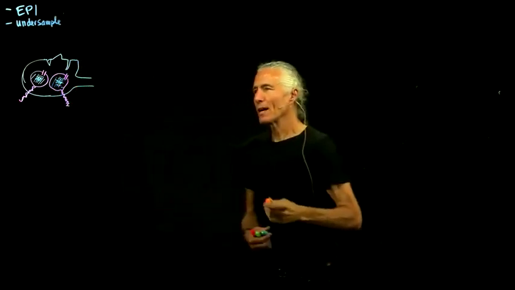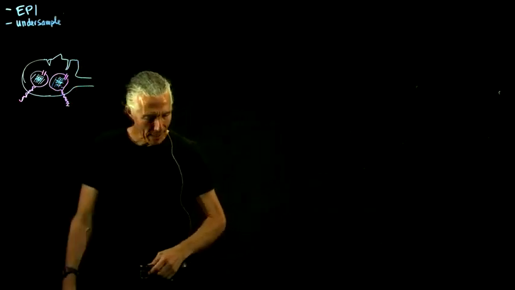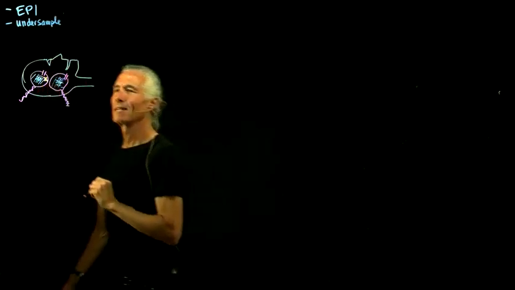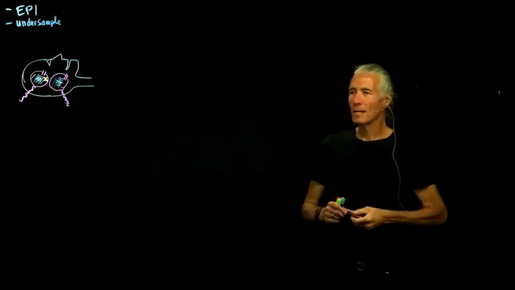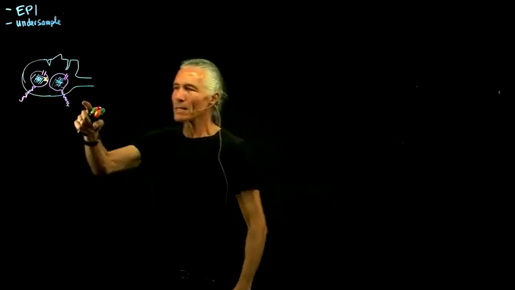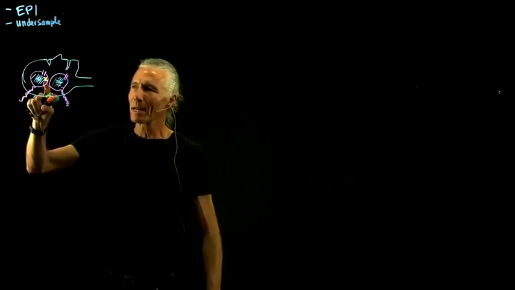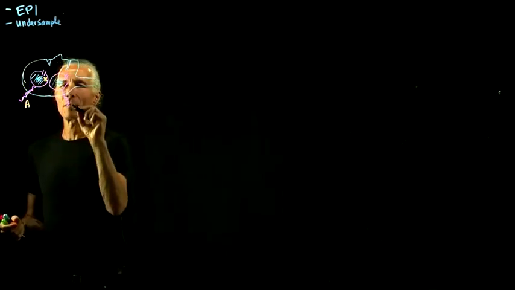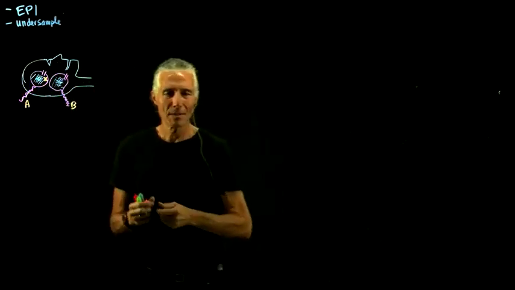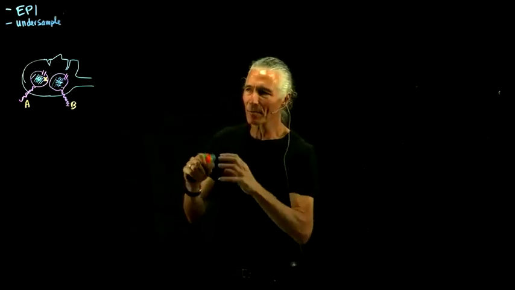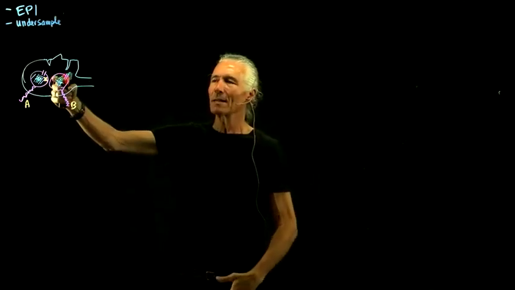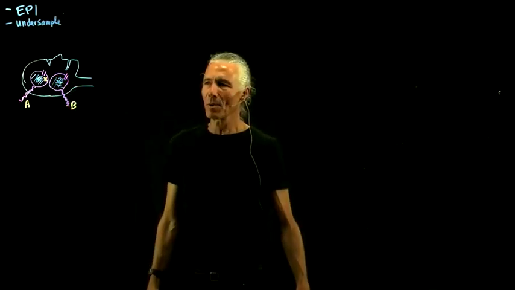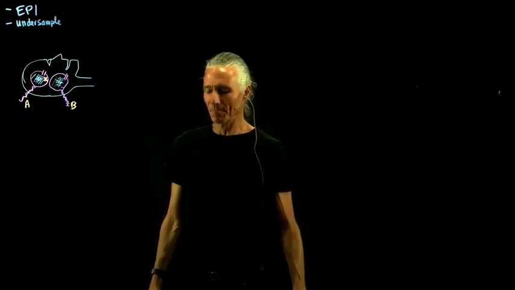Now imagine you've got a point, say right here, point X. There's some spatial information here, so point X is going to be stronger in coil A than it is in coil B. And so there's an intuition that there's some spatial information in the distribution of the coils, and you should be able to use that to help you out when you're doing a reconstruction.